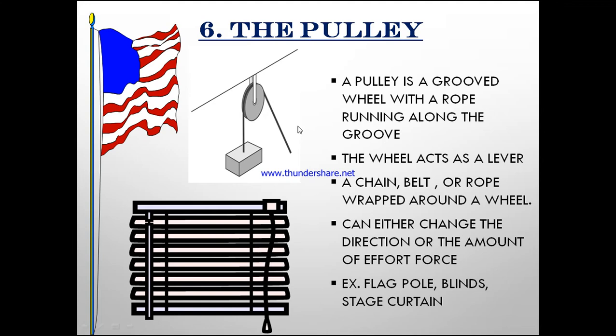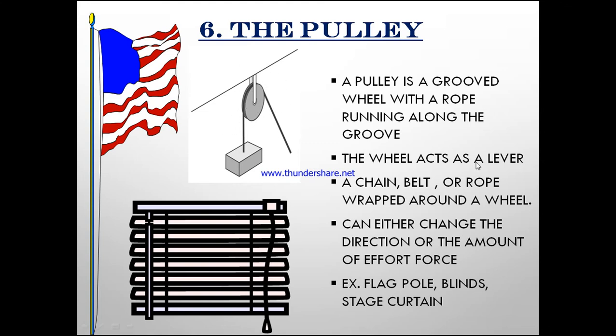The wheel acts as a lever according to the effort arm and the resistance arm also. But here you will find this change of the direction of the force, because I put the rope down and you'll find the heavy object just raise up or move up. So you'll find this is a change in the direction.